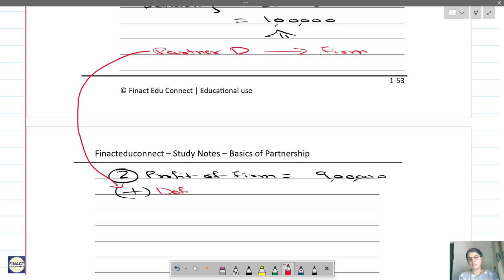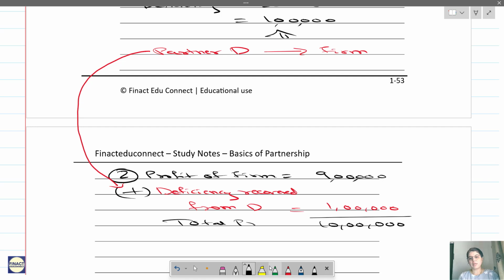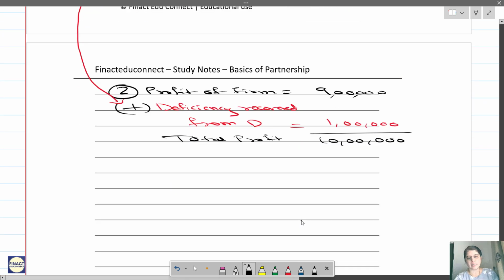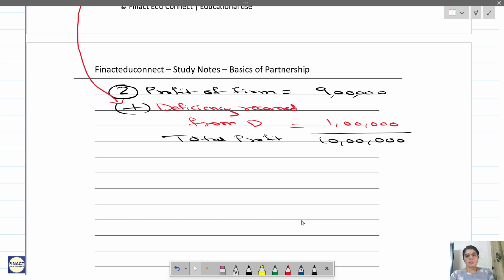The deficiency which will be recovered from D, we have to add it because it will be added in our total profit, correct? We always do that, no? So total profit after adjusting this deficiency of partner to firm is 10 lakhs. Did you understand this or is this confusing?